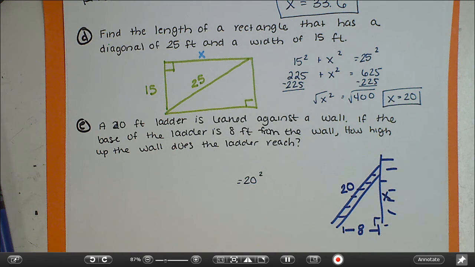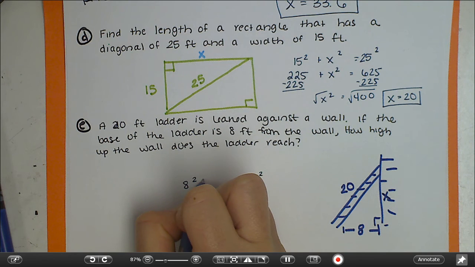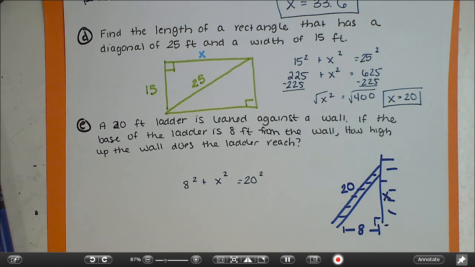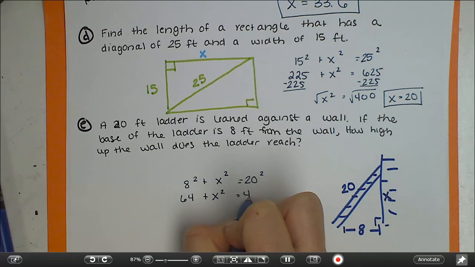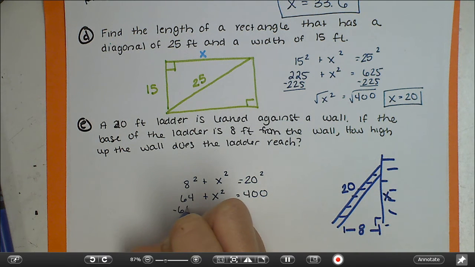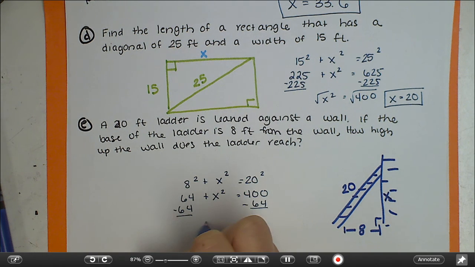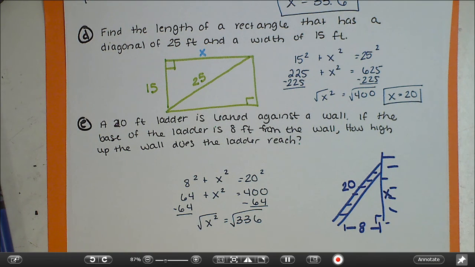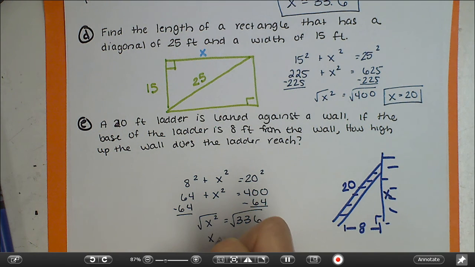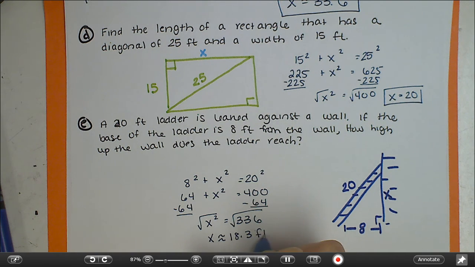So that would be the hypotenuse. 8 squared plus x squared equals 20 squared. 64 plus x squared equals 400. Subtract 64. 336. And again, take the square root of 336, which is approximately 18.3 feet up the wall.